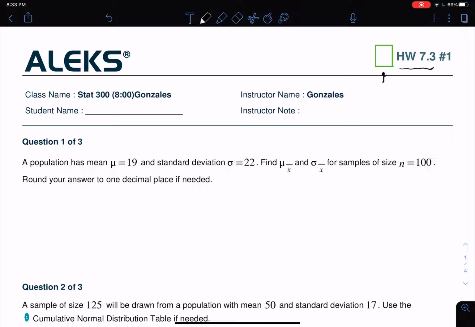Anyhow, here we go. So, before I do these problems, I would like to do my own take on this lecture and maybe clarify some things because this is 7.3, sampling distributions and the central limit theorem. I think it can be a little bit tricky.